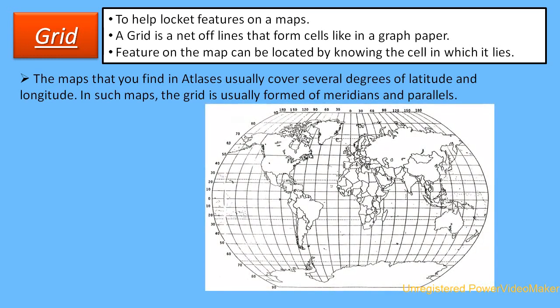For example, look at the below picture. Here you can see vertical lines and horizontal lines which are intersecting and forming small square boxes. And if you know the name of the box or cell, we can identify the features in a particular place.